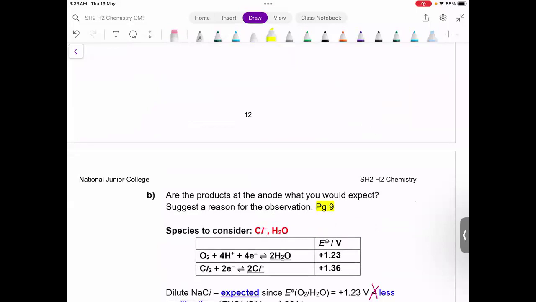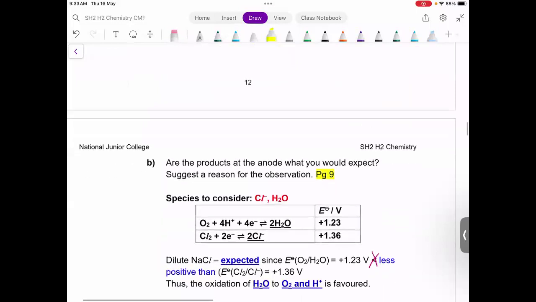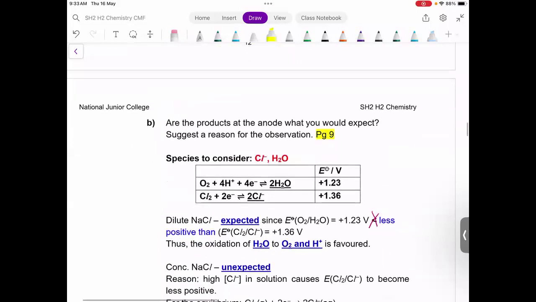But in contrast, if you look at the anode reaction, the oxidation of water versus chloride, do appreciate that the E naught values are rather close. These E naught values are rather close. Don't ask me how close is close.